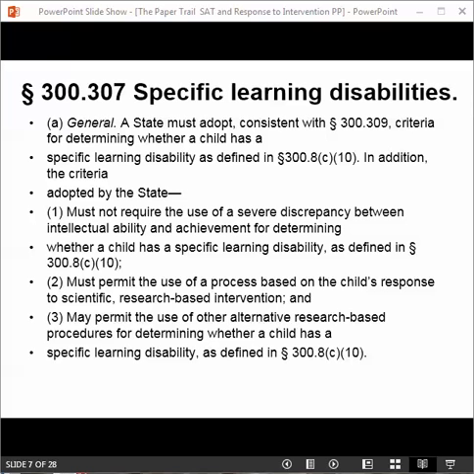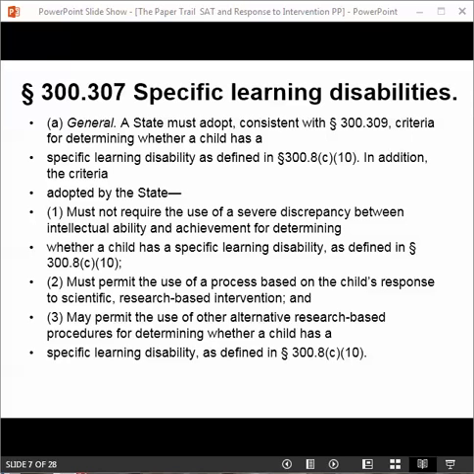In the definition of specific learning disabilities, it says a state must adopt, consistent with 300.309, criteria for determining whether a child has a specific learning disability as defined in 300.8. In addition, the criteria adopted by the state must not require the use of a severe discrepancy between intellectual ability and achievement for determining whether a child has a specific learning disability, as defined in 300.8(c)(10).